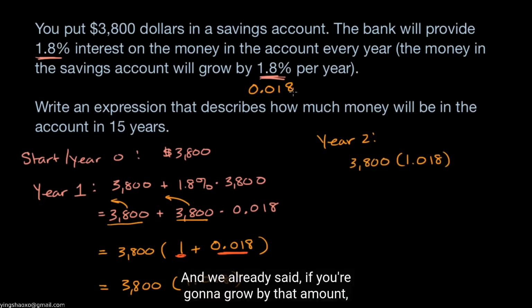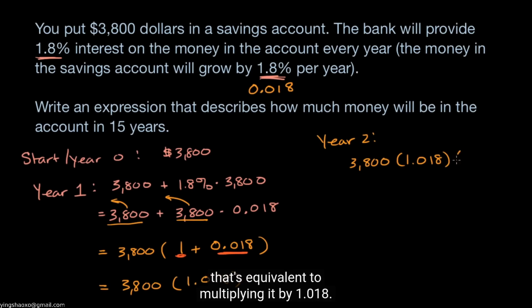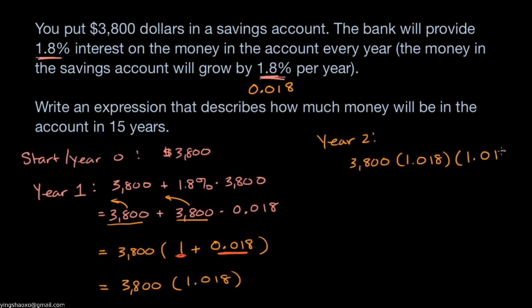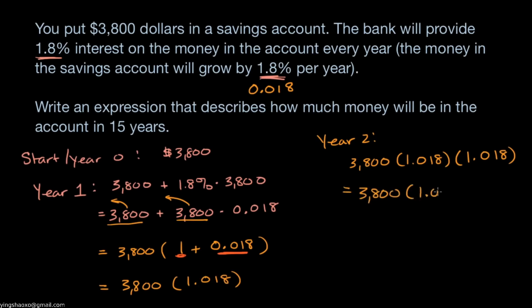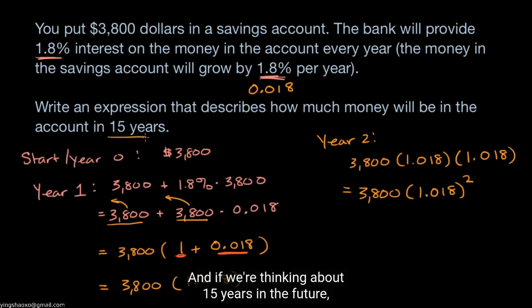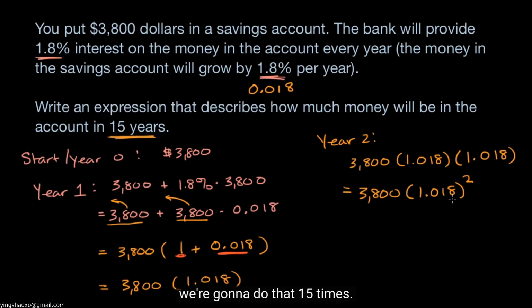And we already said if you're going to grow by that amount, that's equivalent to multiplying it by 1.018. Well, this is the same thing as 3,800 times 1.018 to the second power. I think you see where this is going. Every time we grow by 1.8%, we're going to multiply by 1.018. And if we're thinking about 15 years in the future, we're going to do that 15 times.